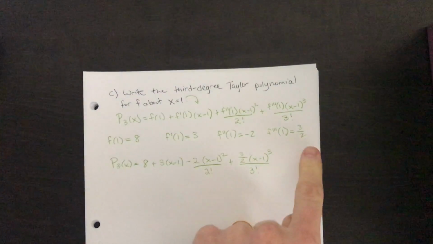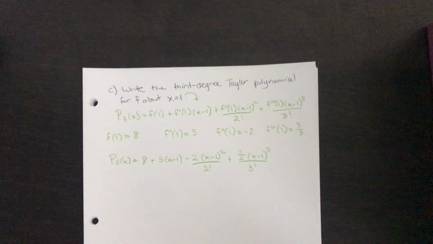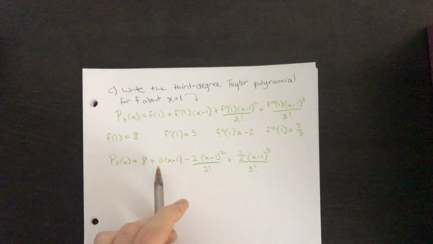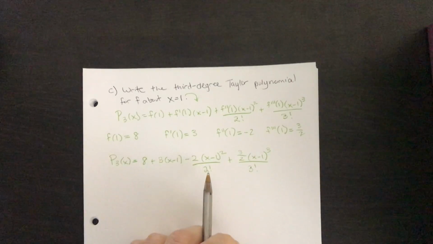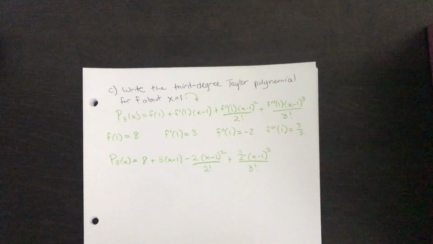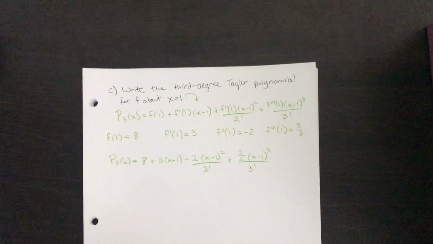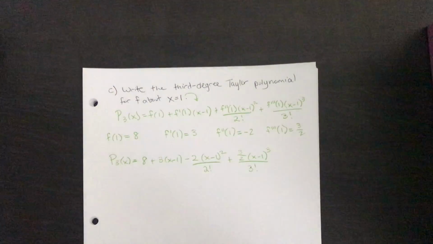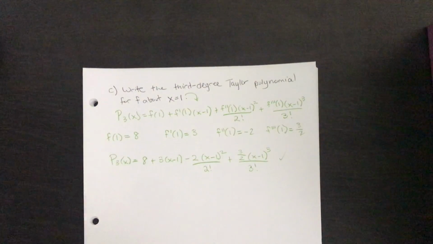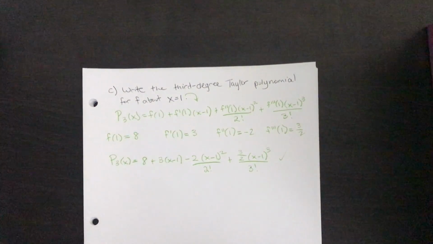All I did was plug in each of these values here into my equation above, and I didn't even bother simplifying it. I didn't distribute the 3, I didn't simplify the 2's, I didn't simplify this fraction and the factorial here, and I definitely did not expand that polynomial there. So this is totally acceptable, you're good to go once you finish that, and if they don't ask you to approximate anything, that would be your final answer there.